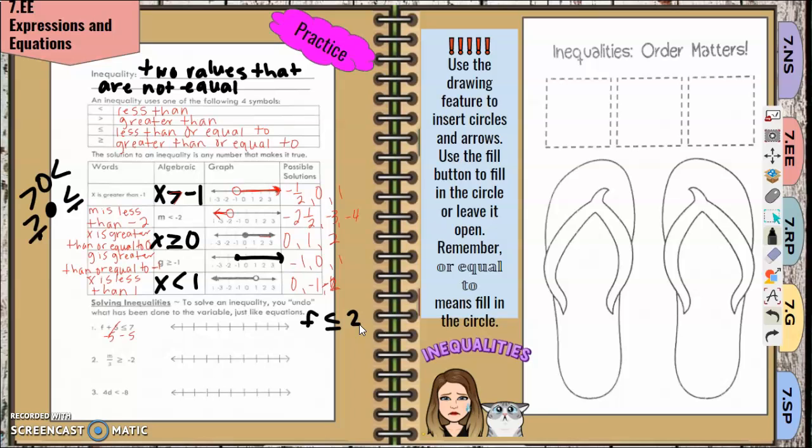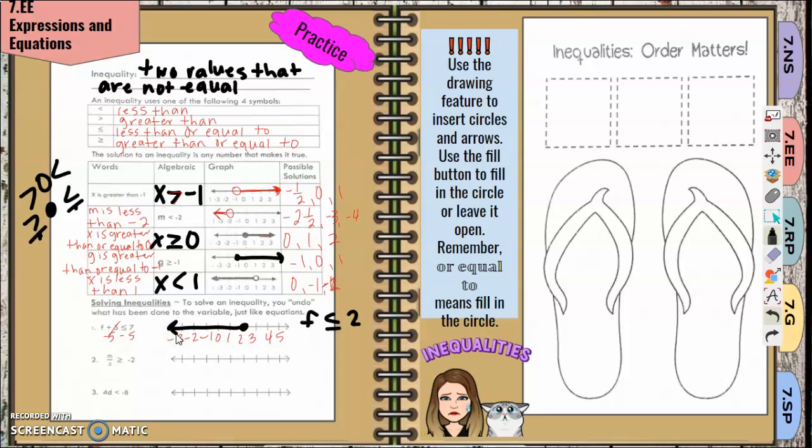So I make my graph. When you have your number line, make sure your numbers are going in even increments. You can't number a number line 0, 1, 5, 7, 8, 9. You got to go in the same increment. So I'm going by ones. It's going to be a closed circle on 2, and I'm shading everything to the left.